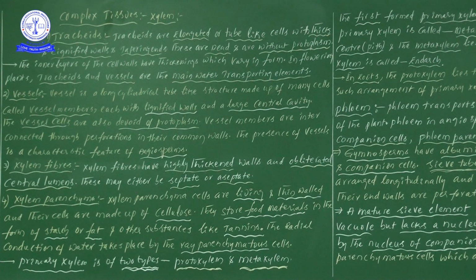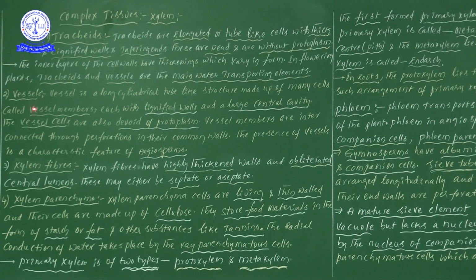Out of these 4 types, the first 2 mainly help in conduction of water and minerals. Where? In flowering plants. Don't forget, in flowering plants only tracheids and vessels are the main water transporting elements. So these are all points related to the tracheids.